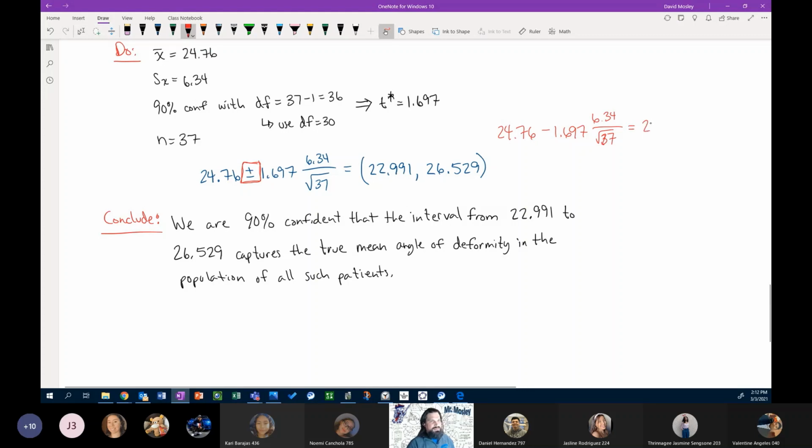And that gets 22.991. And then I go through the same calculation and I add. And we get 26.529.